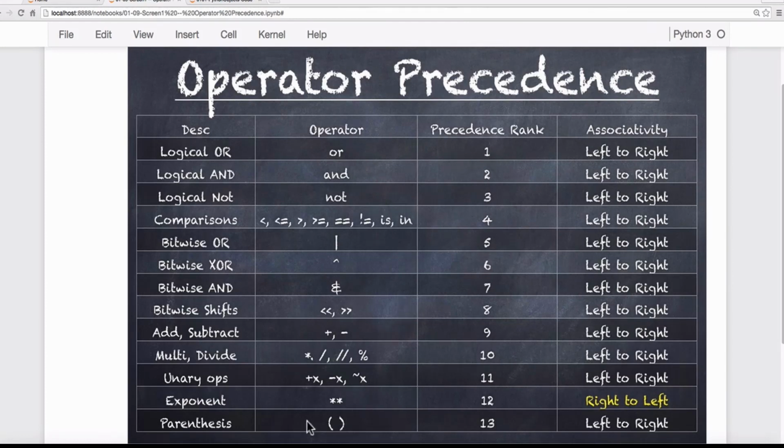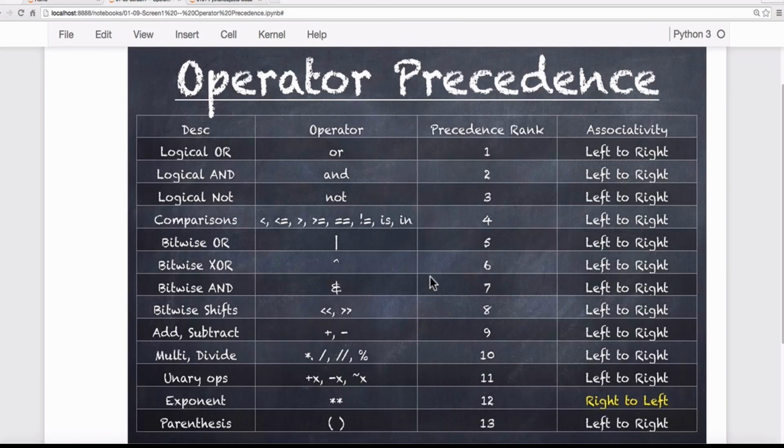The highest priority is for expressions within parentheses, level 13, which means they are evaluated first. The power operator also has a higher priority than regular multiplication and addition.